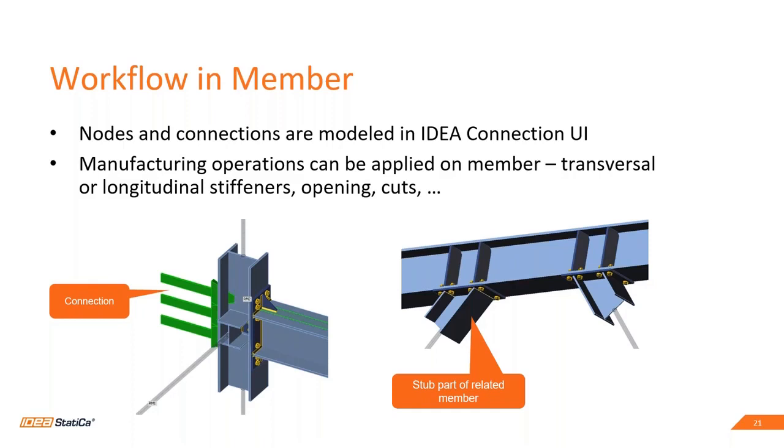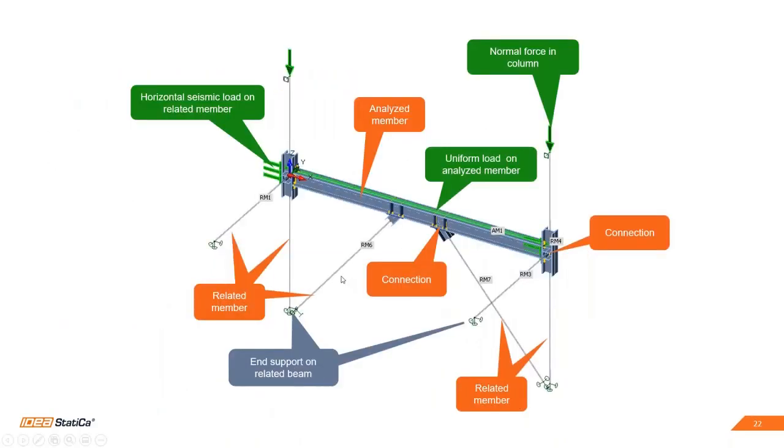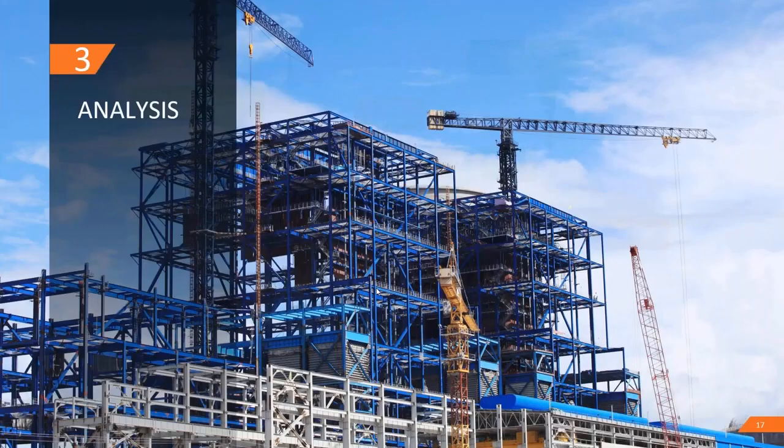You will model the joint, the connection, and you can also add other operations along the member, such as openings, stiffeners, cuts, etc. And that's it. We have the completed model and we can continue and analyze it.